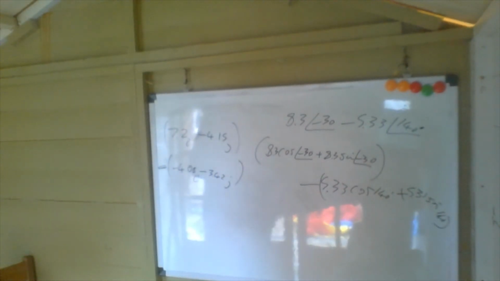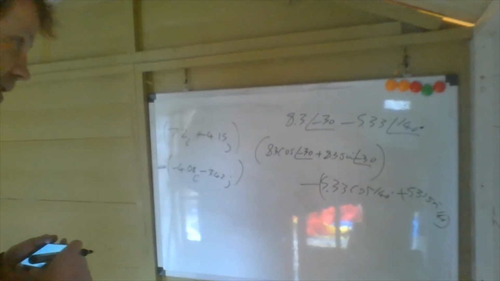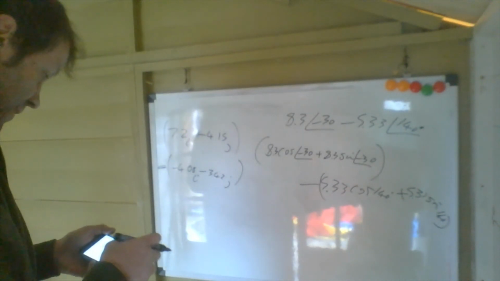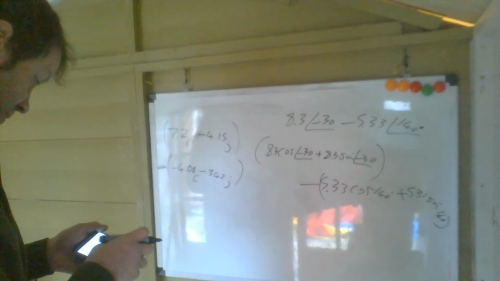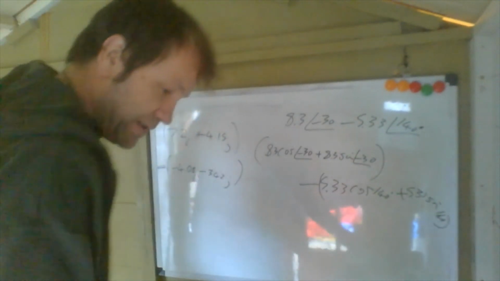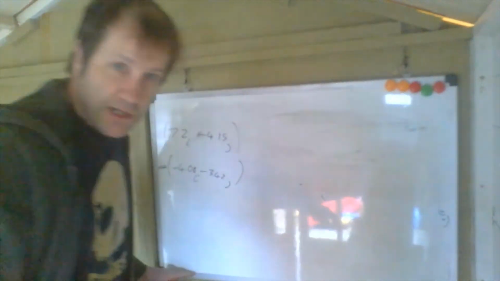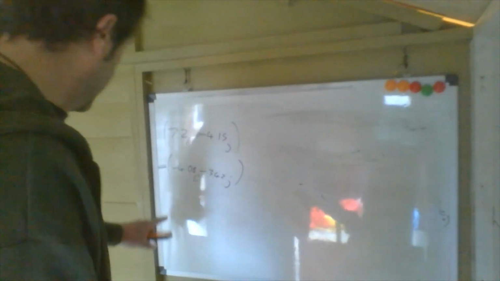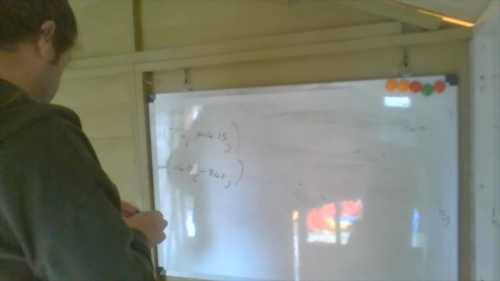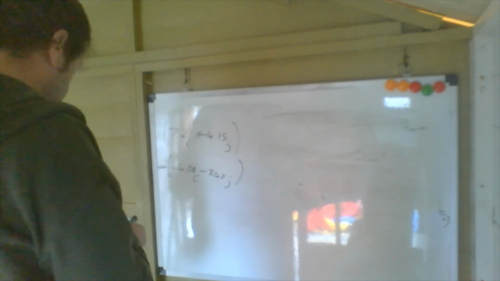Right, is that right? I'm just going to check that out. 5.33 cos 140, yep, that's right. So what happens here then, if we just want to add these up down here.